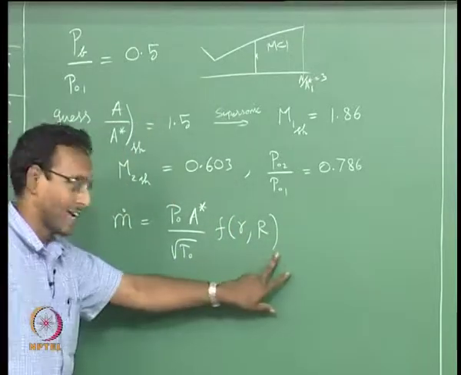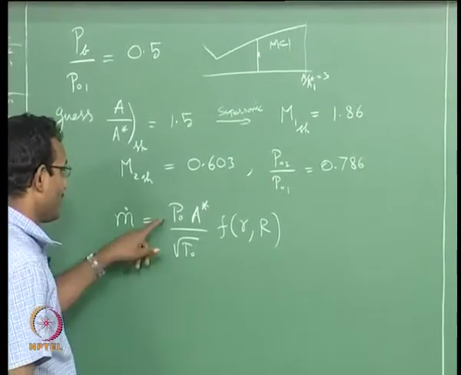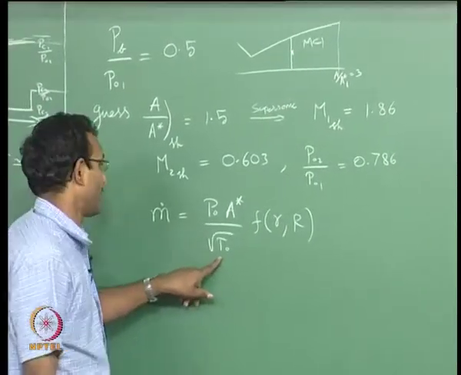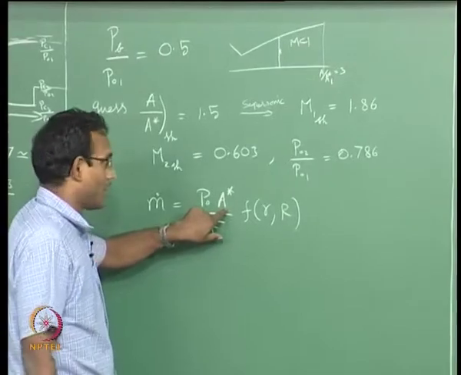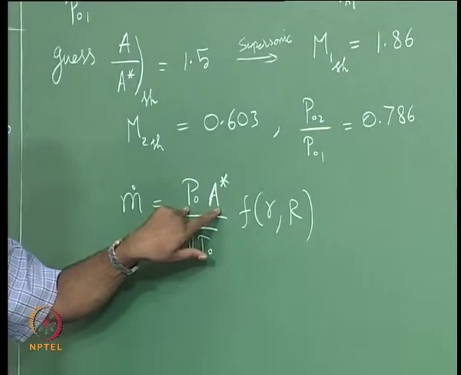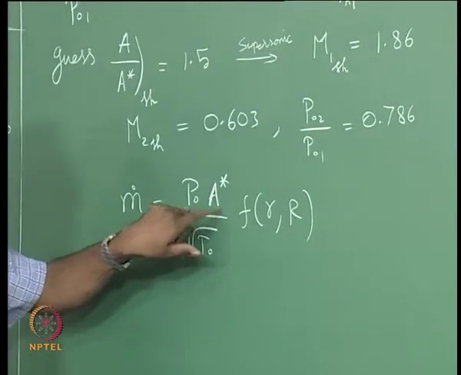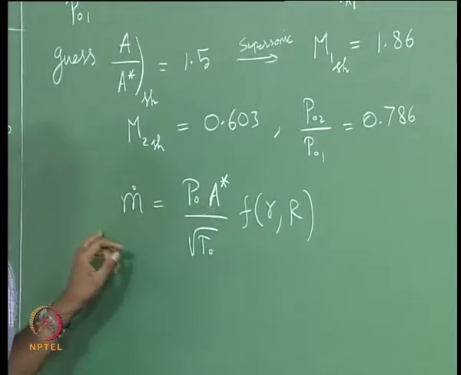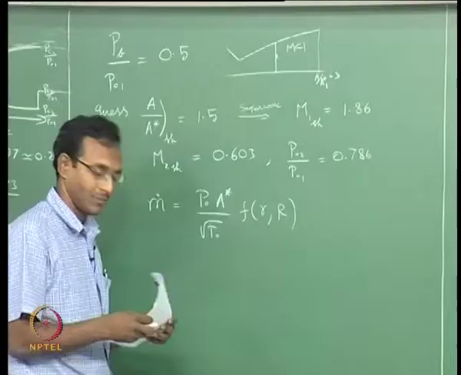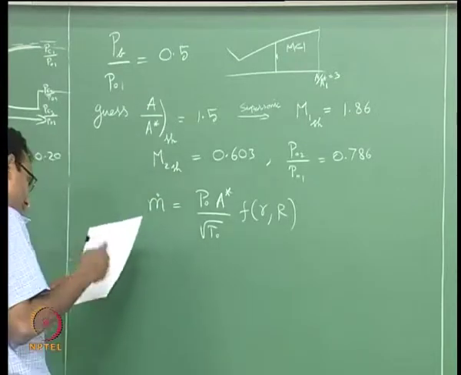Function of gas is not changing, so we won't worry about it. My T naught does not change across a normal shock. P naught and A star. Now I know my A star dropped. Okay? Sorry, A star increased. P naught dropped and A star increased. To keep the same mass flow rate, that has to happen. Okay? So now we have to work through the whole thing again.